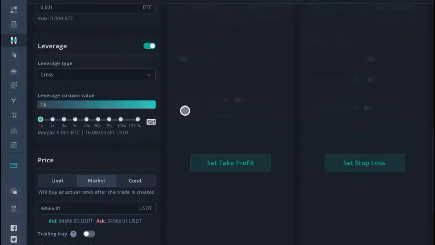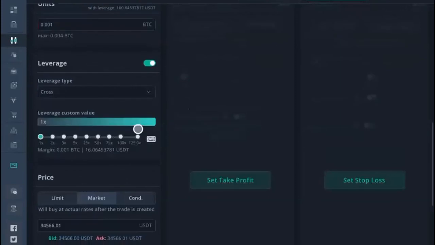That means if we had $1,000 and we threw that entire position size into it at 125x, we could be trading as if we had $125,000. But we would take a percentage gain or loss on that $125,000.